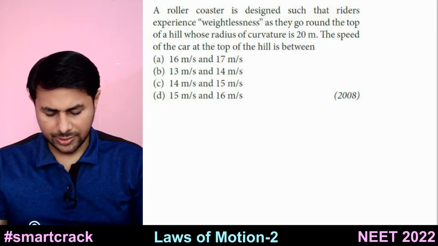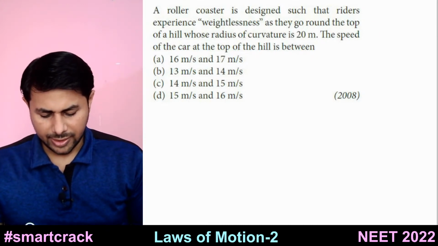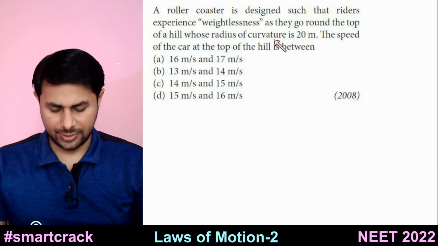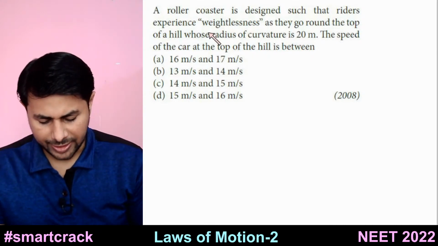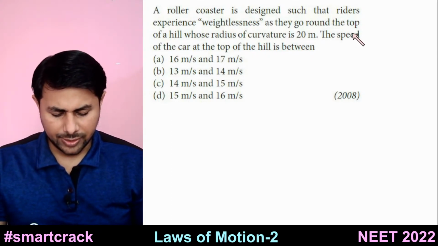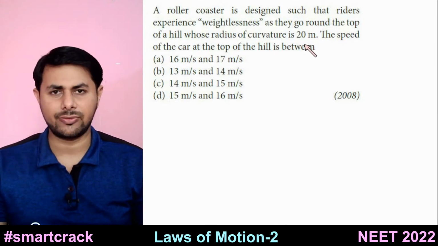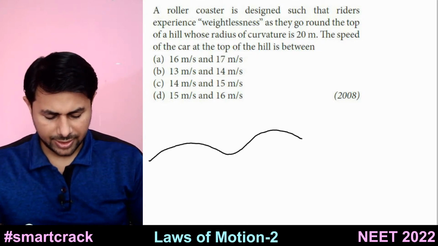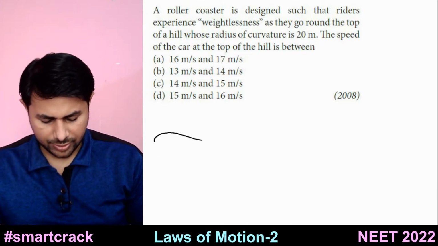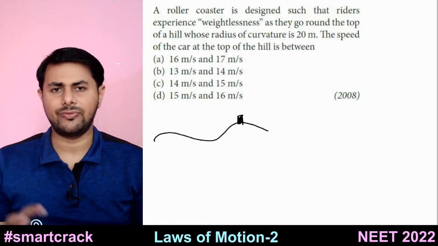And the next problem is, a roller coaster is designed such that riders experience weightlessness. So you have a roller coaster ride where riders experience weightlessness as they go round the top of the hill, whose radius of curvature is 20 meters. Let's suppose you are at the top of this hill, so you experience weightlessness.